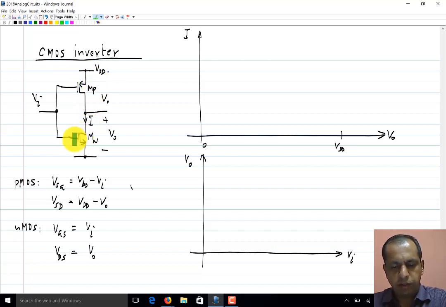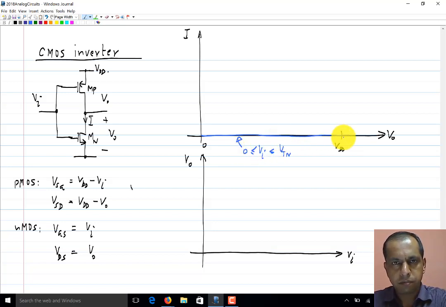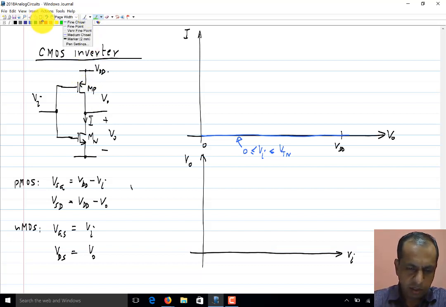We can also see this graphically. I versus Vo characteristics or ID versus VDS characteristics of the NMOS will be just the 0 current line. This is for Vi between 0 and Vtn. Now, as Vi increases from 0 to Vtn, the characteristics of the PMOS transistor change.